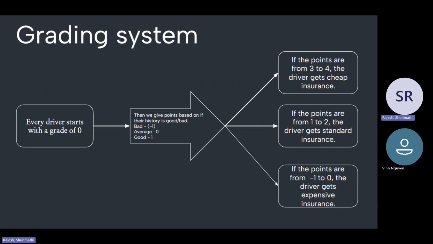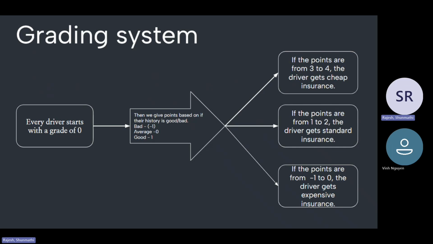For example, if you are an average driver, you will get 0 points. If you are a bad driver, you will get minus 1 point. And if you are a good driver, you will get plus 1 point. We use this logic system to help understand how to better categorize our users.